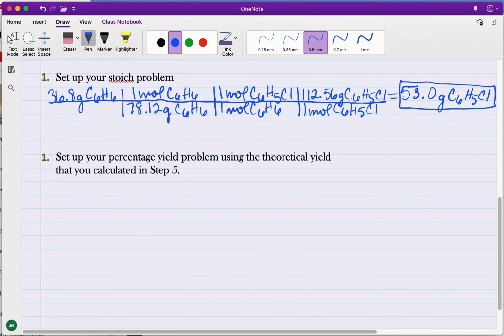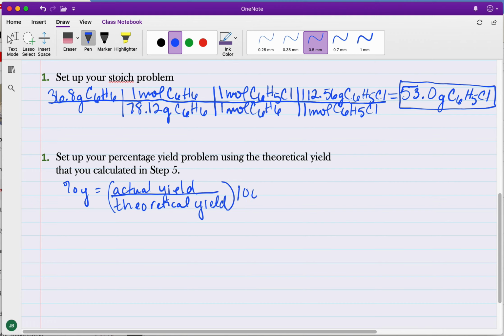Okay, so remember, percent yield is going to be the actual yield over the theoretical, and all of that is going to be multiplied by 100.